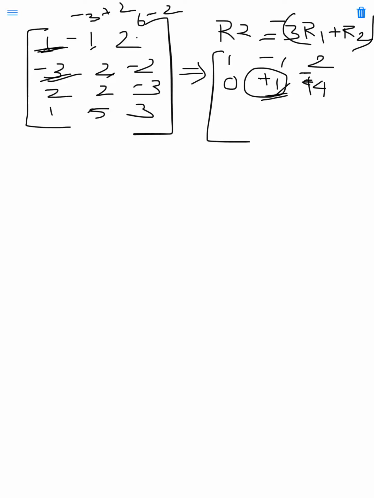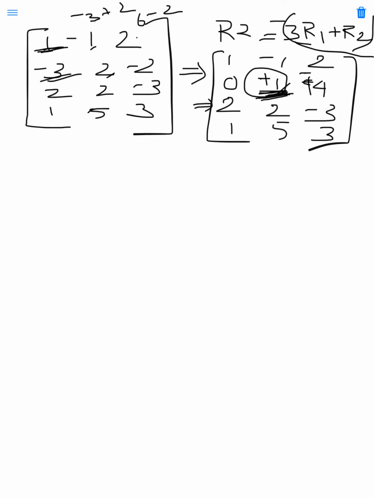Okay, so this is how you will be getting that value, and then 2 2 minus 3 1 5 3. So now this is a pivot element. In order to make this value a pivot element, we are negating that entire operation. Okay, now the R2 row is okay.